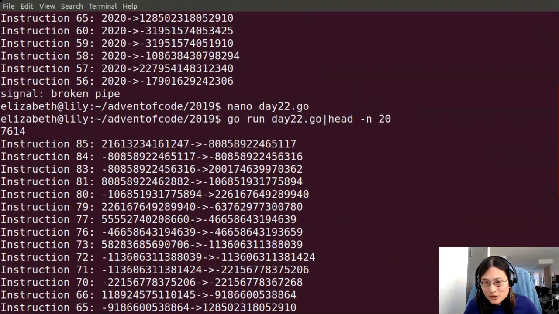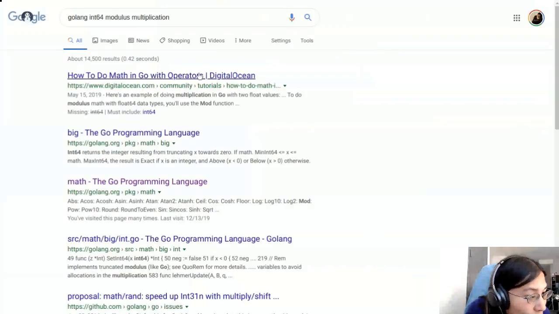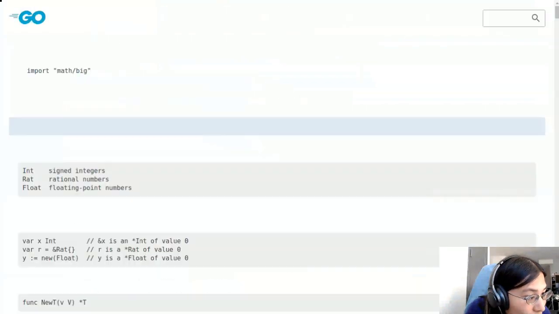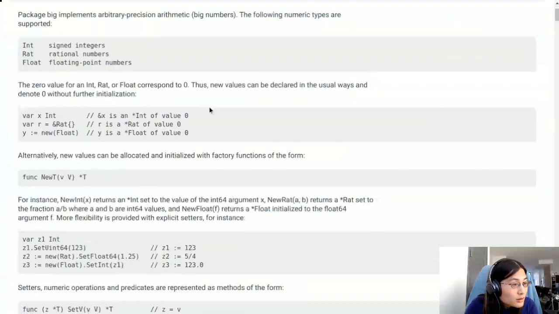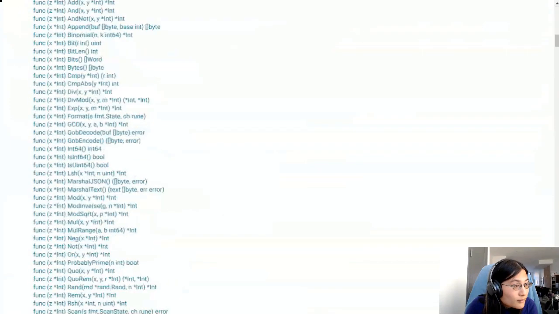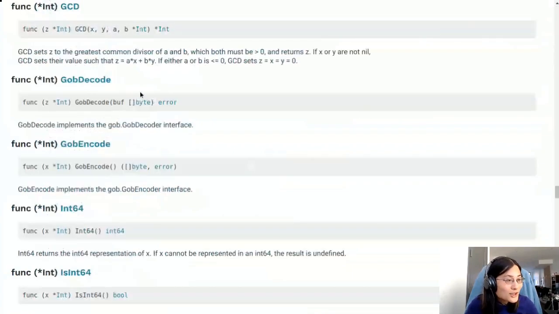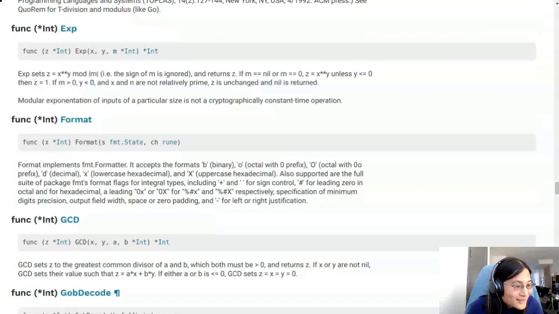Okay, so my suspicion is this has to do with Go. Oh, Go has a GCD function in its big math package. Now I know. Today I learned.